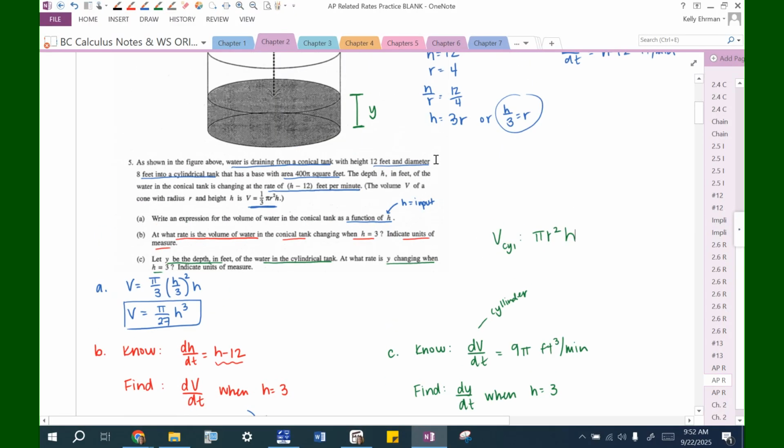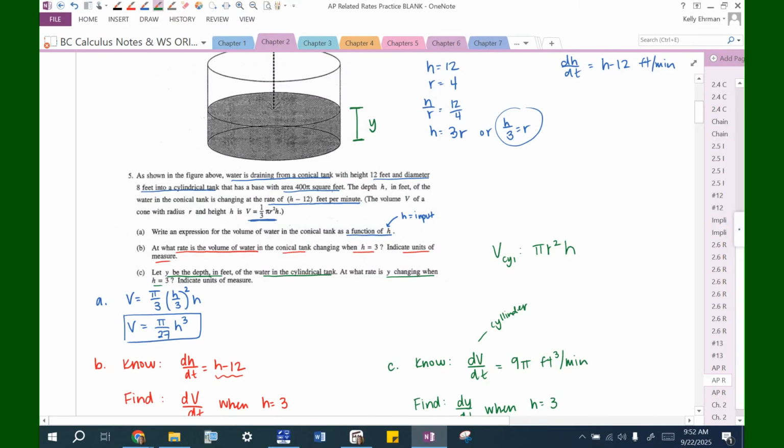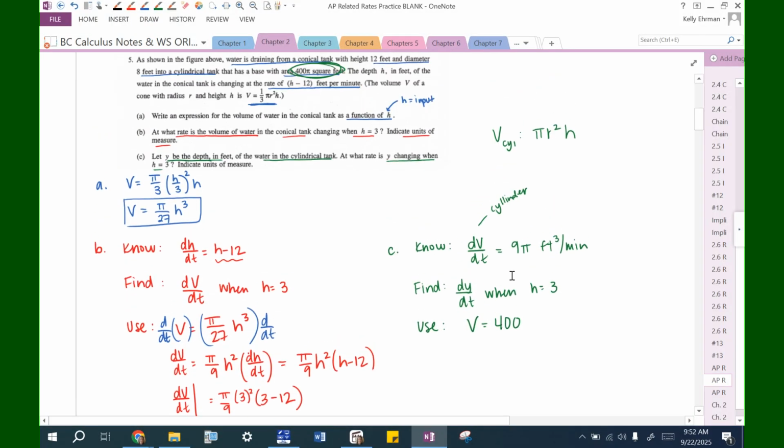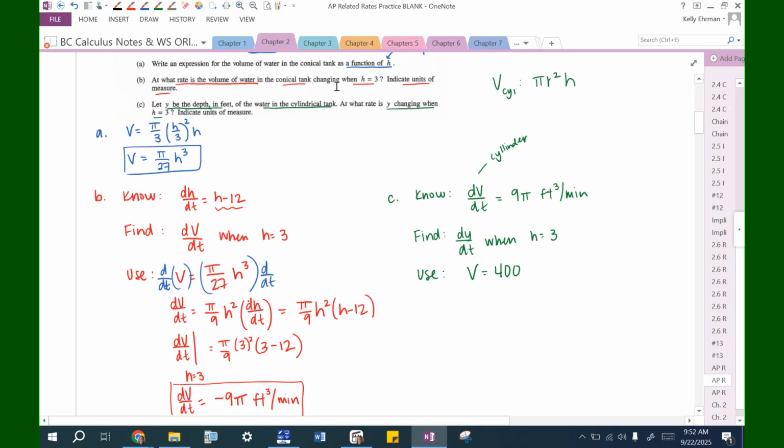And the area of the base is not changing. They gave us the area of the base. It's 400 pi square feet. So I'm not plugging a number into this one. I know that the volume is equal to 400 pi times the height. And the height is not h, it's y.